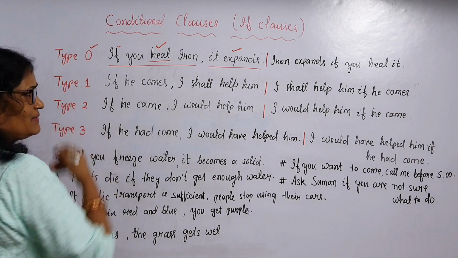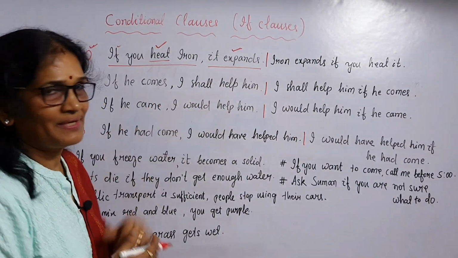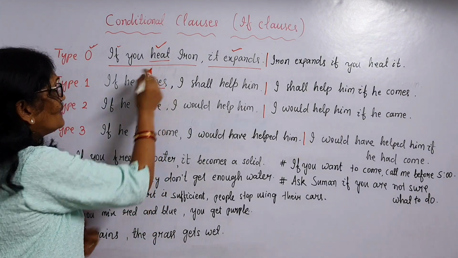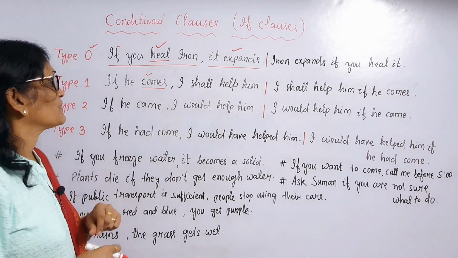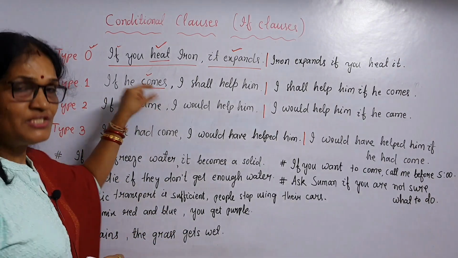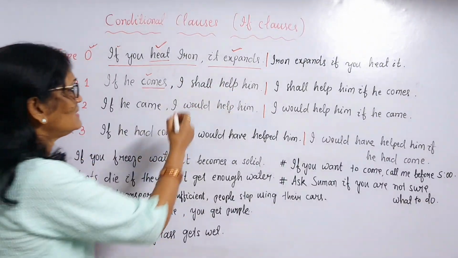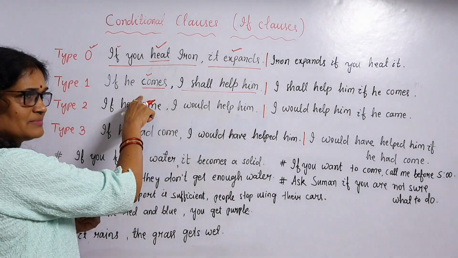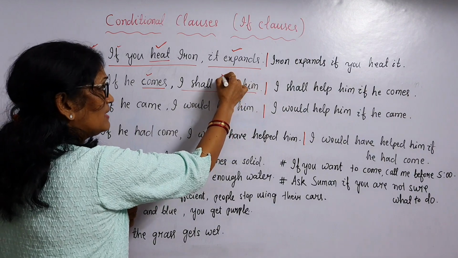Then type 1: if he comes, I shall help him. Here he comes is simple present, but it is not a general or scientific fact. So if he comes, this is one condition, and what happens later is, I shall help him, the main clause.